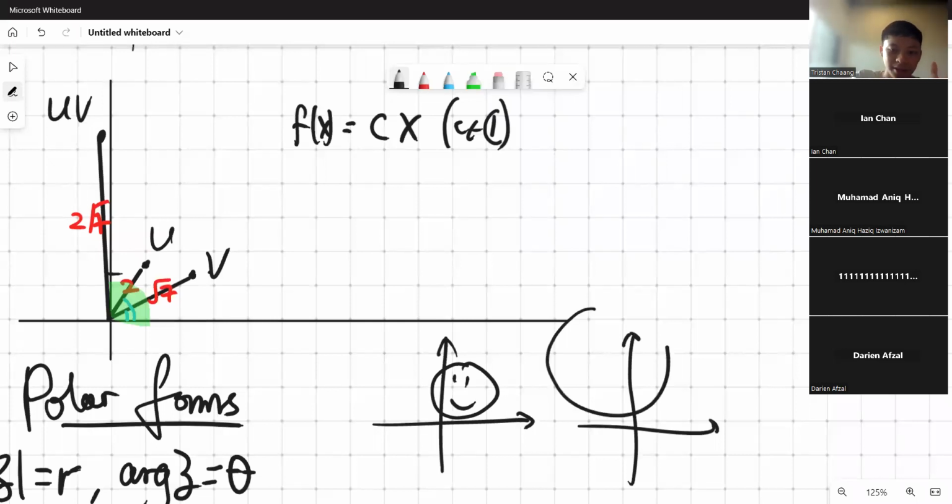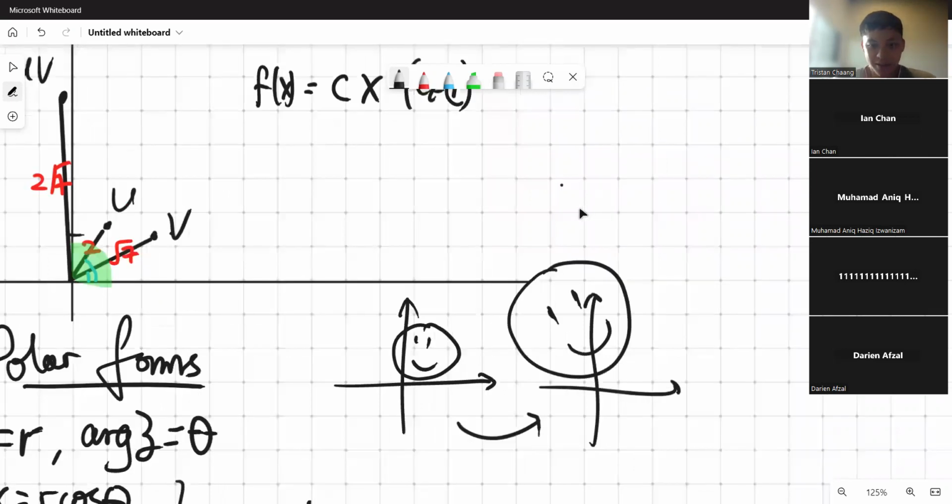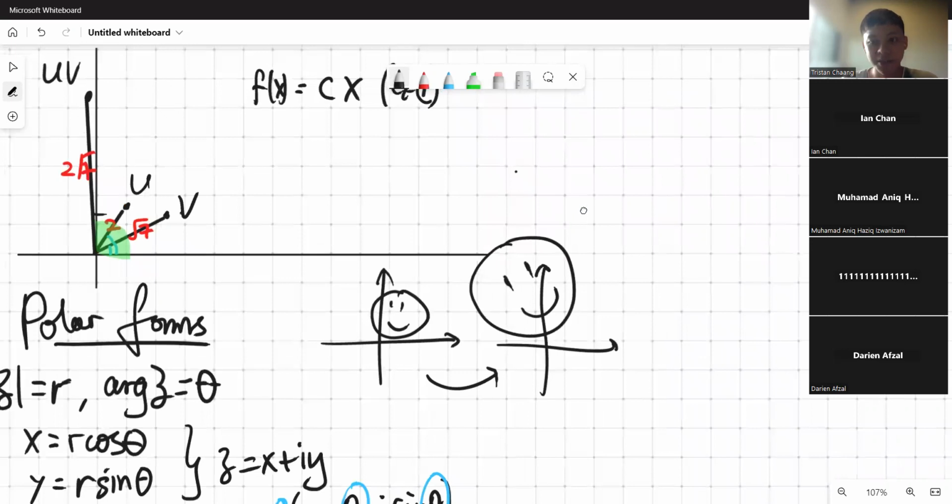Let me draw this carefully. So that's what happens when you multiply by a complex number. You will get a spiral similarity.